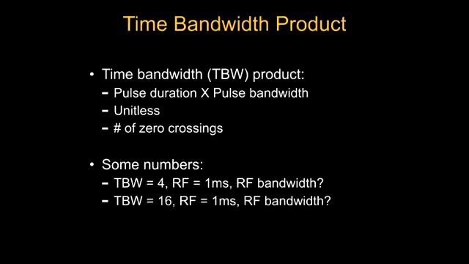I'll talk a little bit about numbers on that side, but in a practical setup, when you think about the RF pulse, you always have to think about the time bandwidth product. If the number is high, the slice profile quality is good. If the number is low, it's not a good slice profile.